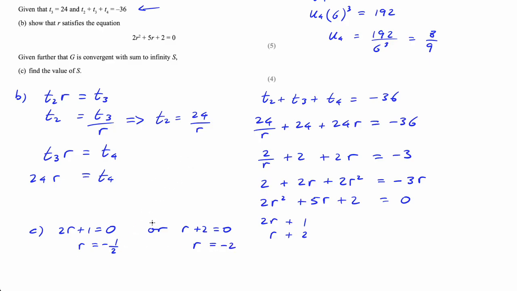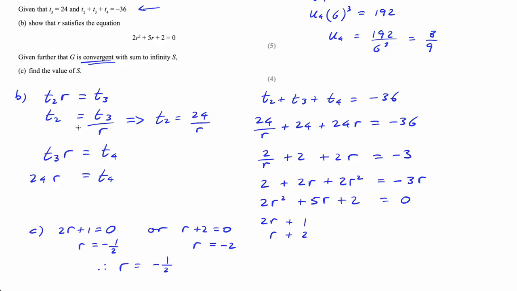Now, if it is convergent, that means the magnitude of R has to be less than 1. Therefore R equals negative a half. The first term, T1, I need to get. We know R is negative a half.